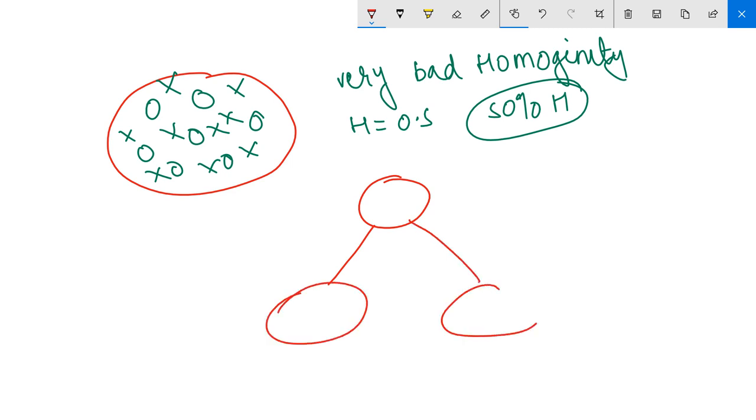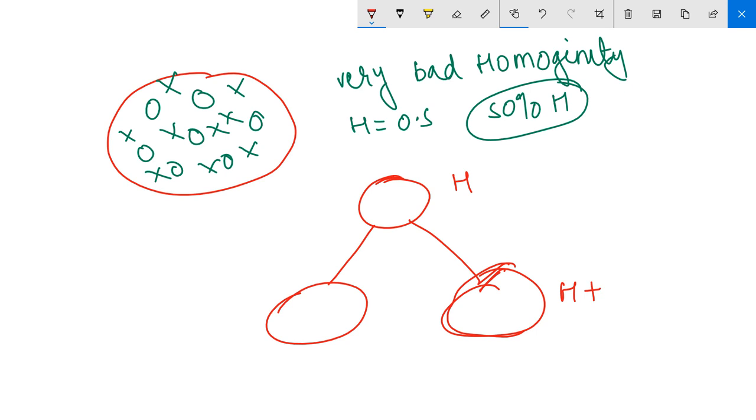What we have to do is, if we have homogeneity h in the parent node, we try to make sure that homogeneity increases when we further divide it into leaves. So if h is here, we expect homogeneity should increase here. And how do we do that?